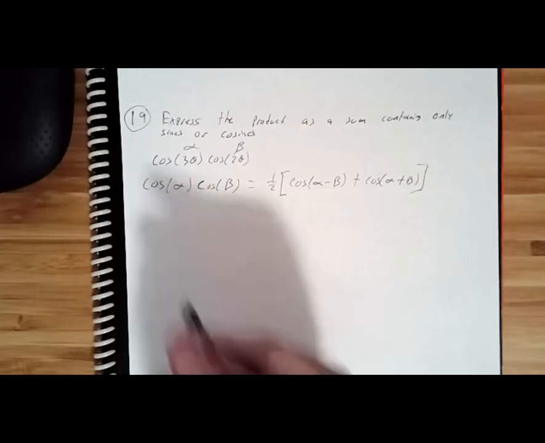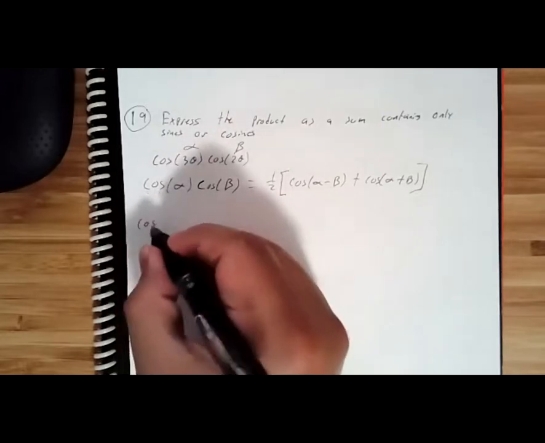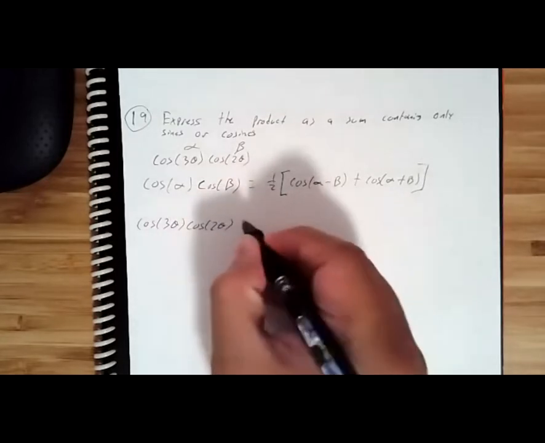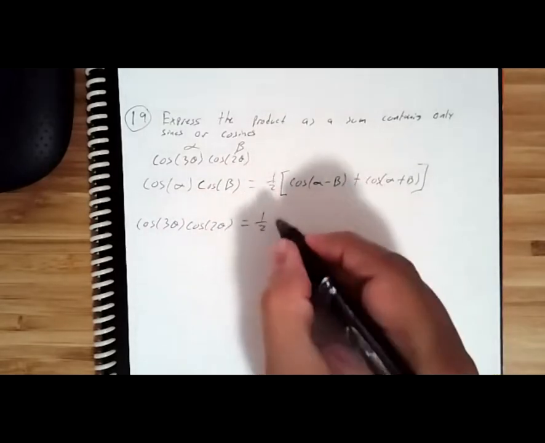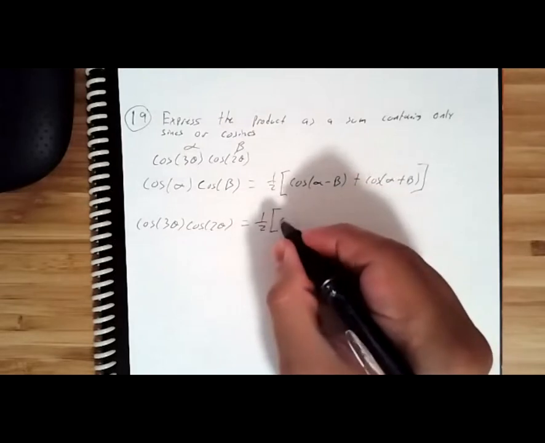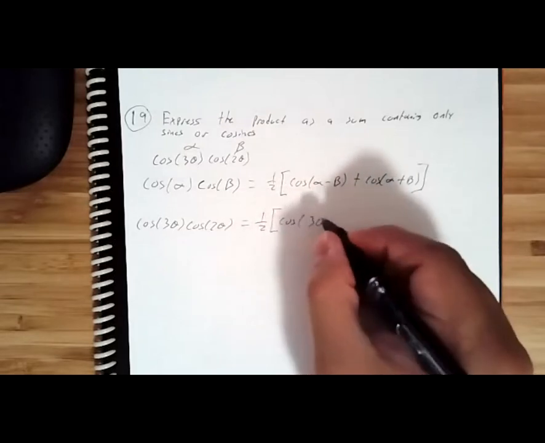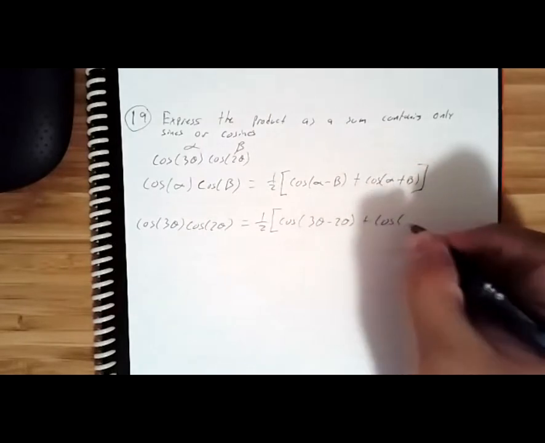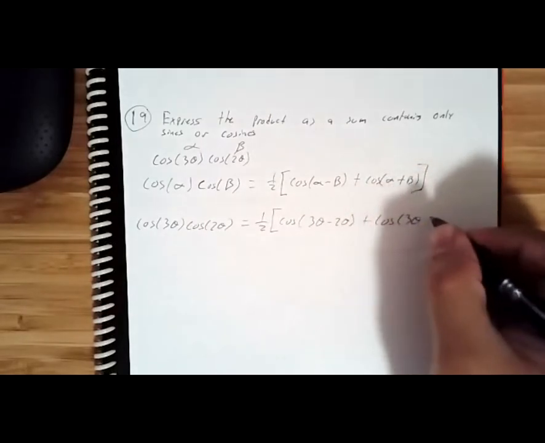So apply your formula. Cosine of 3 theta cosine 2 theta is equal to 1/2 times cosine of 3 minus 2 plus cosine of 3 plus 2.